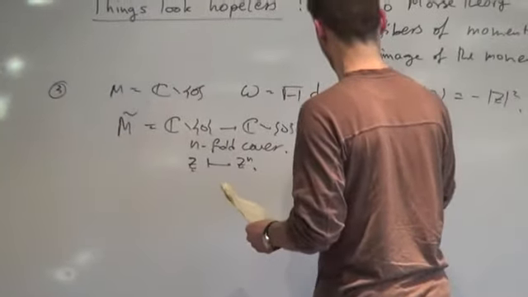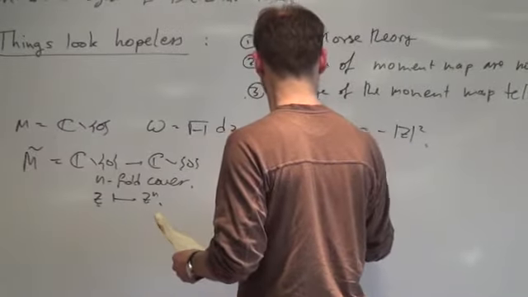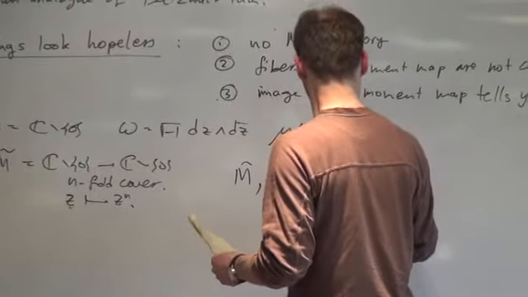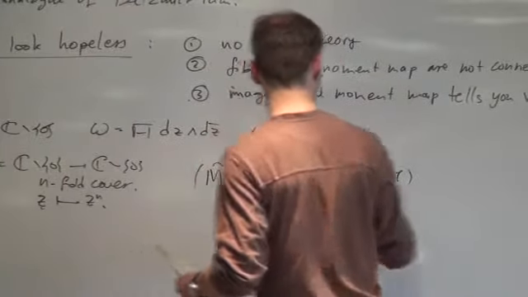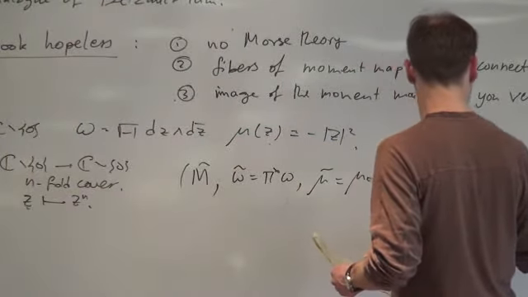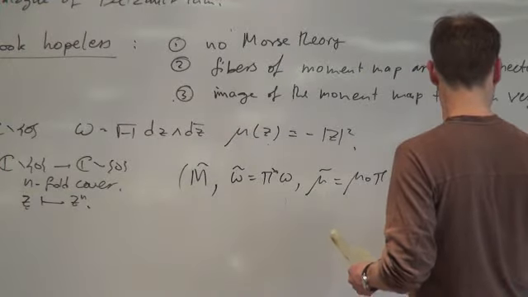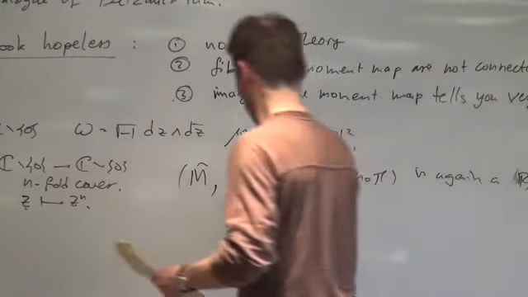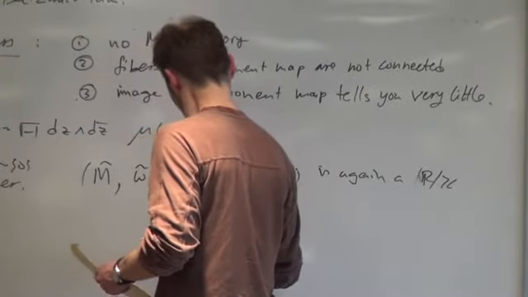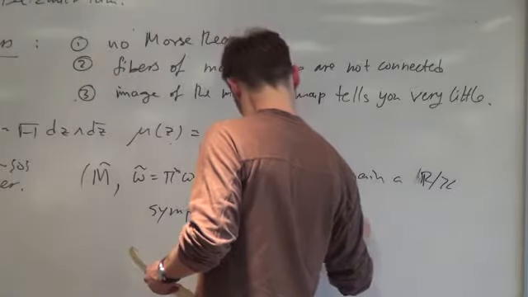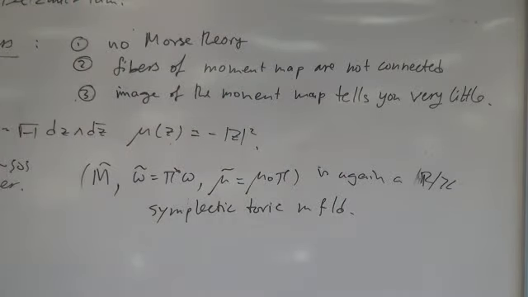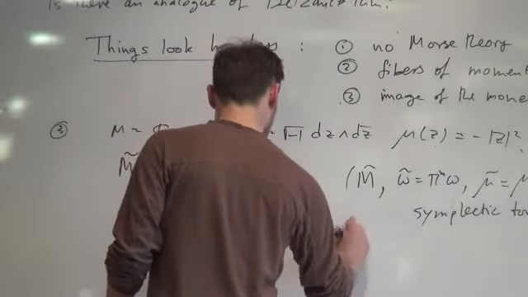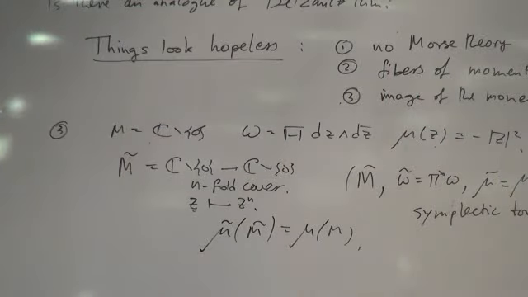Now if I pull everything back, M tilde, omega tilde, which is pi pullback of omega, mu tilde, mu composed with pi, is again a symplectic toric manifold. Right? And the moment map image is exactly the same. So the moment map, right, so you don't have anything like that.